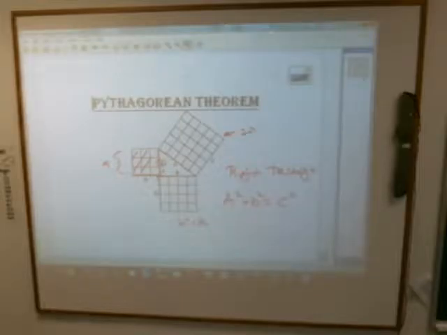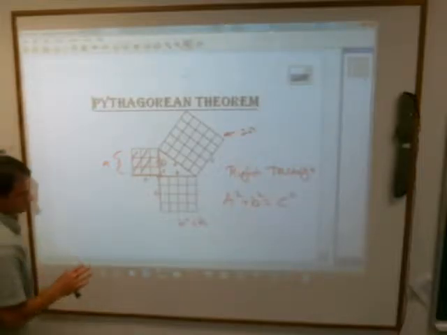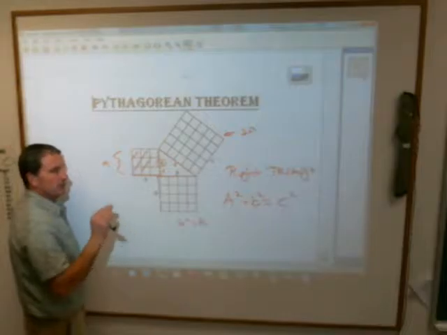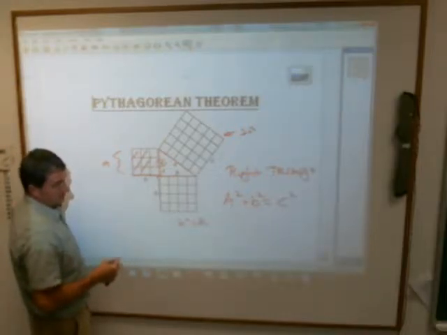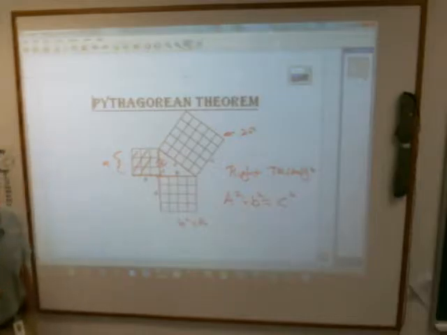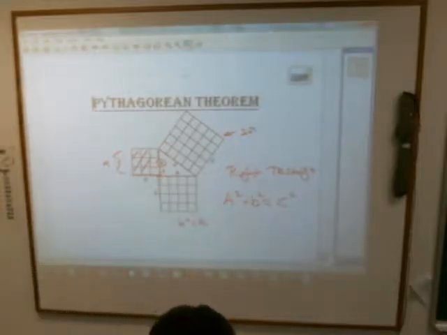Now the unfortunate thing about this is there are only certain ones that work out nicely. They are called the Pythagorean triples, and I'm going to give them to you, so you have your very own copy.